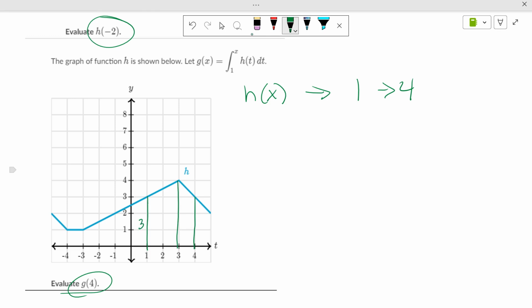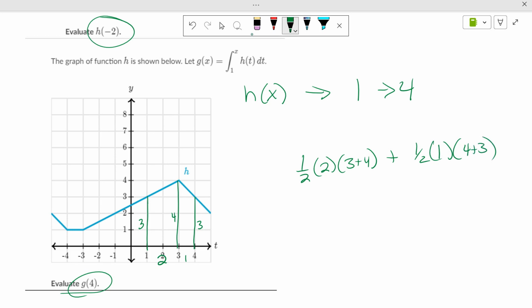This one is 3 and 4, so you take 1/2 of 2 times 3 plus 4, plus 1/2 of 1, because this is 1 wide, this is 2 wide, this is 1 wide, this is 3, of 1 times 4 plus 3.